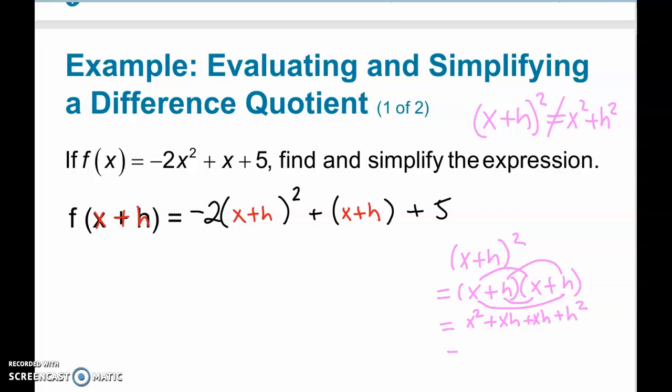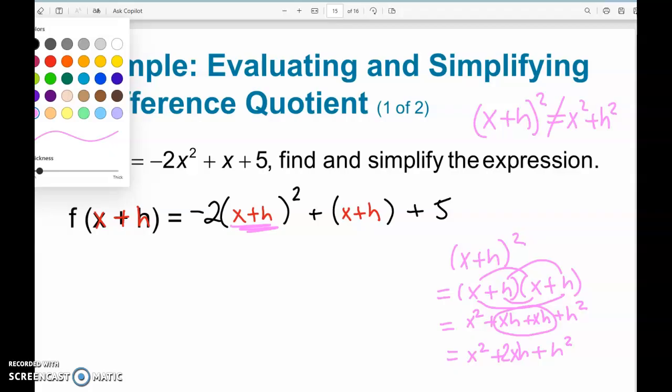And so I'm going to end up with x squared plus 2 of these combined. They're both like terms. 1 xh plus 1 xh will be 2 of them. And so that will replace this portion. So let's rewrite this now.